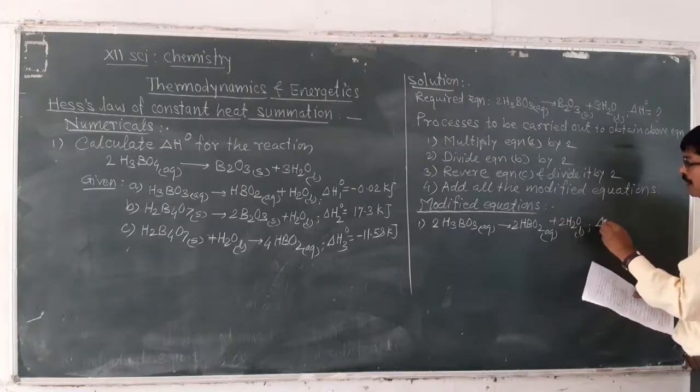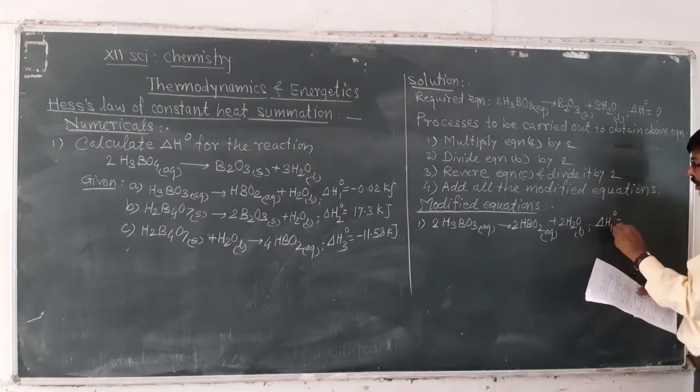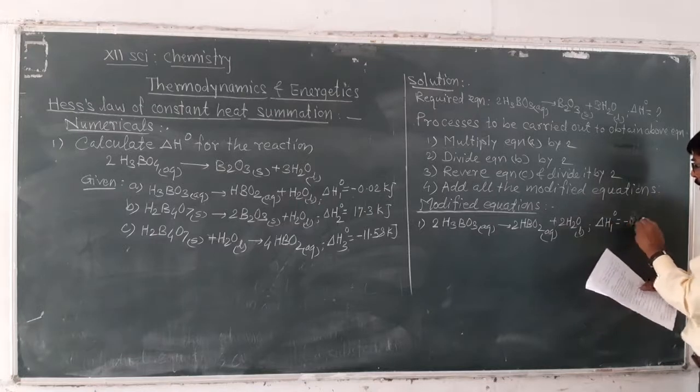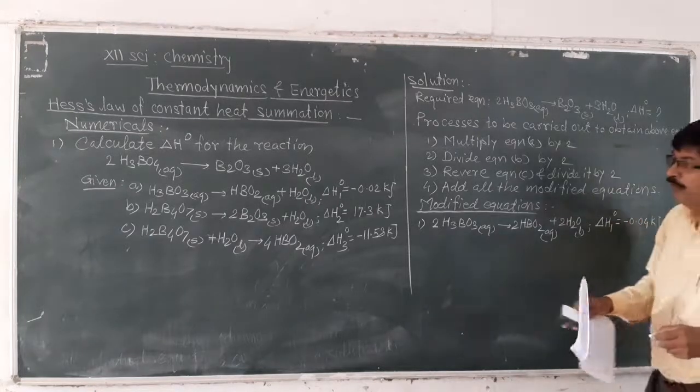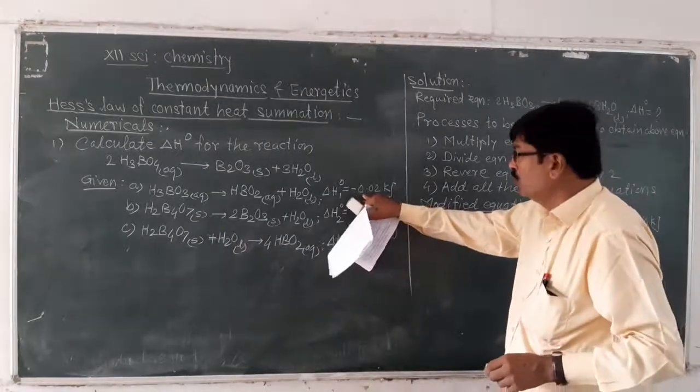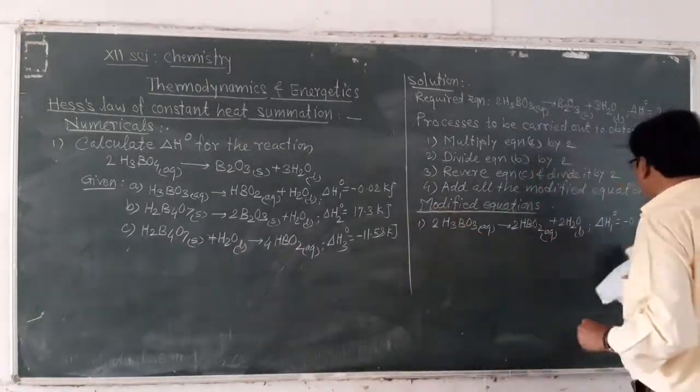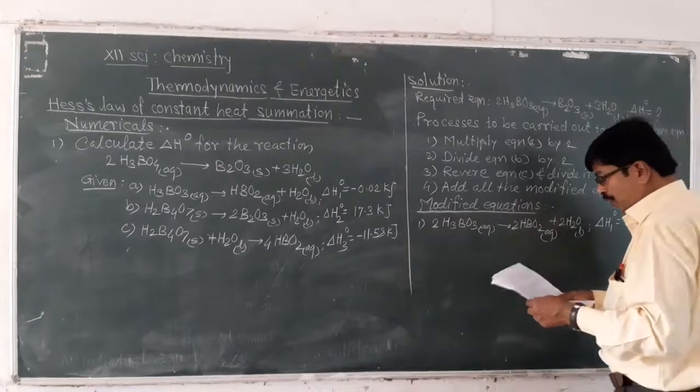It becomes delta H1 naught equal to minus 0.04 kilojoule.